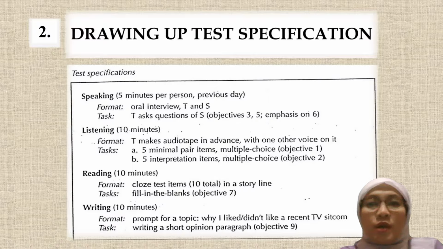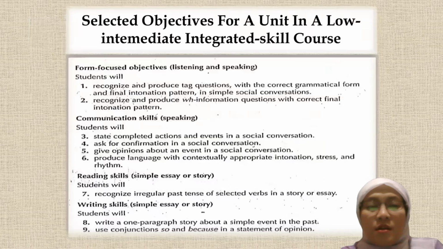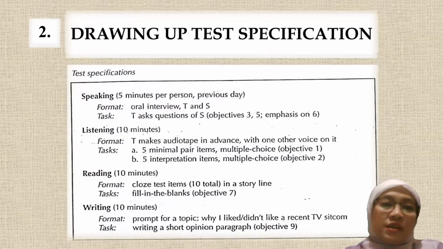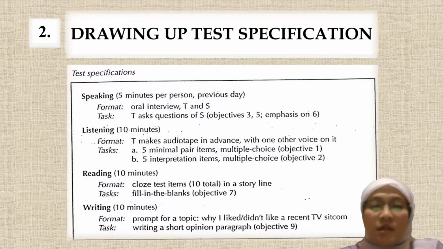And then the next one is writing. The test objective is the student will be able to write one paragraph story about a simple event in the past. Yeah, for example, the simple event is they watch television, the time is 10 minutes, and then they will write a short paragraph.